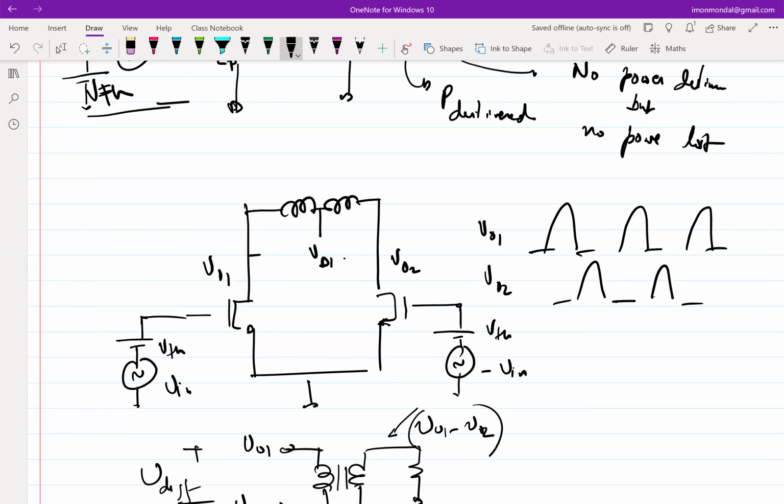This is the VDD. And I have another coil. Right? So this essentially becomes your class B amplifier.